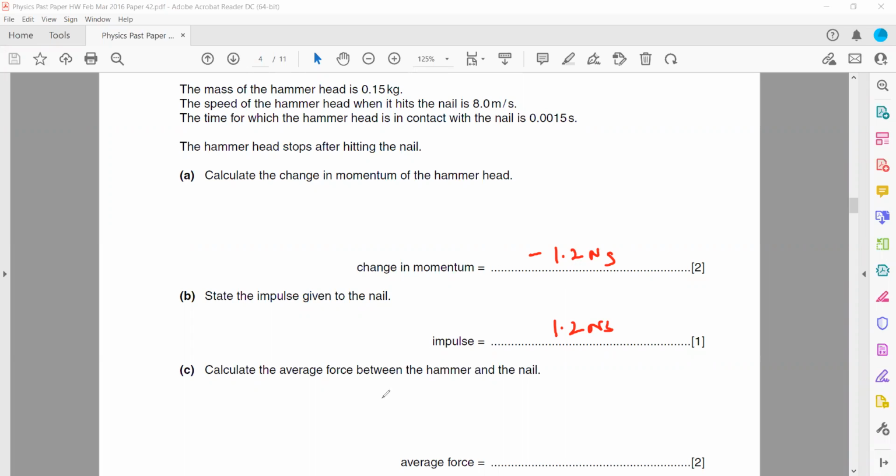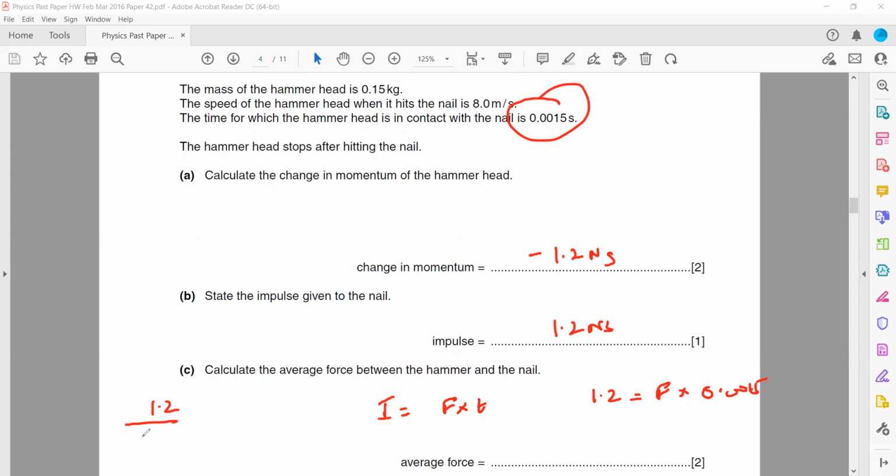Then calculate the average force between the hammer and the nail. So we have the impulse. Impulse is equal to force multiplied by time. The impulse is given as 1.2, force we don't know, and the time for which they are in contact is 0.0015. So 0.0015 is multiplied on one side, on the other side it will divide.